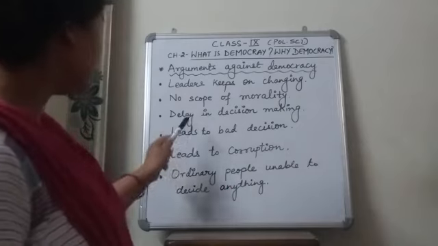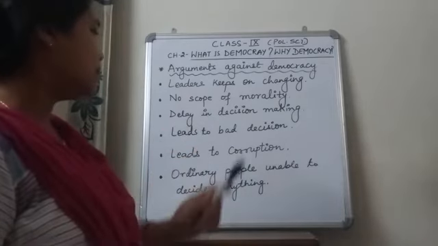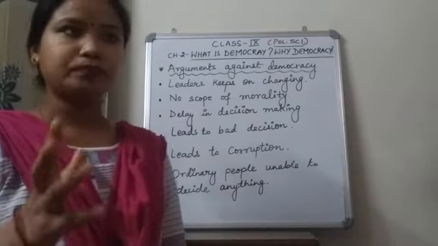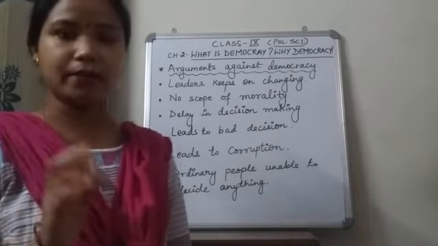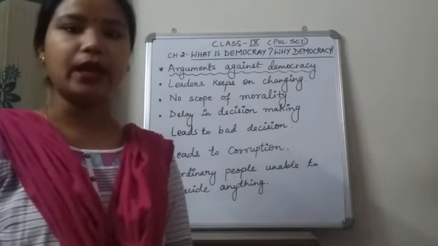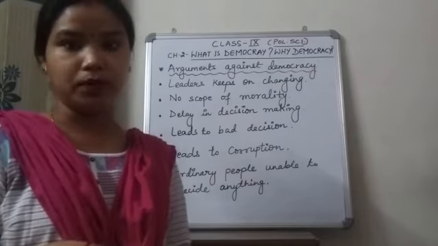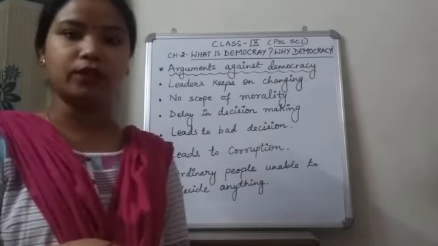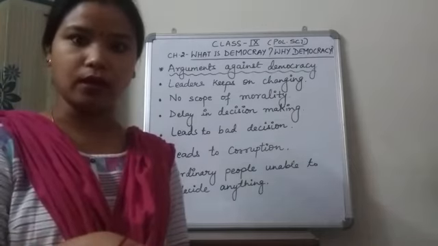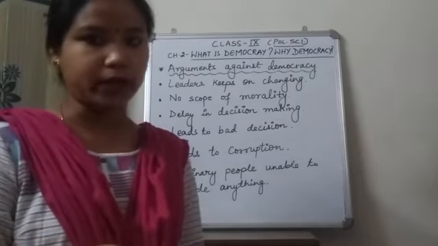Now next is that it leads to bad decisions. We all know that sometimes in a country some celebrities or some famous people also join or become a part of a political party.